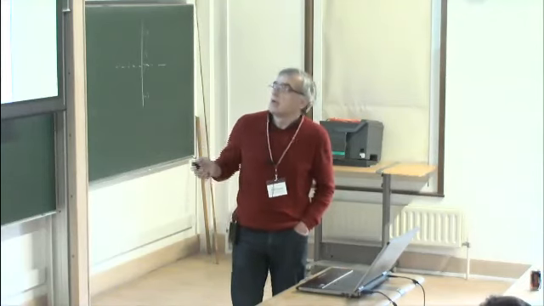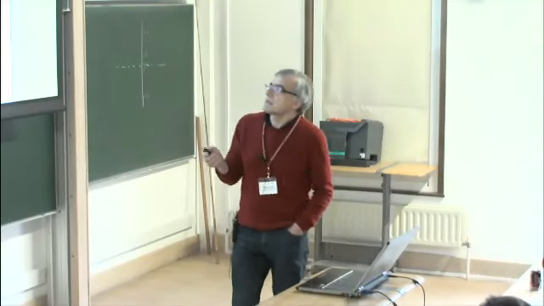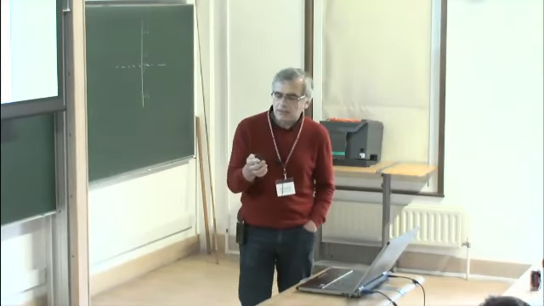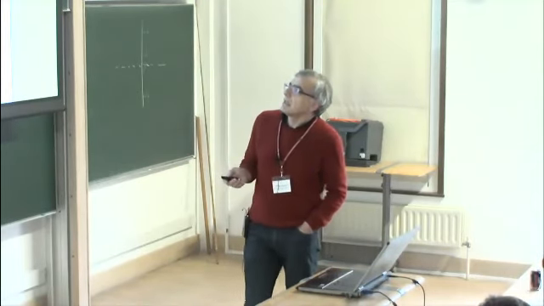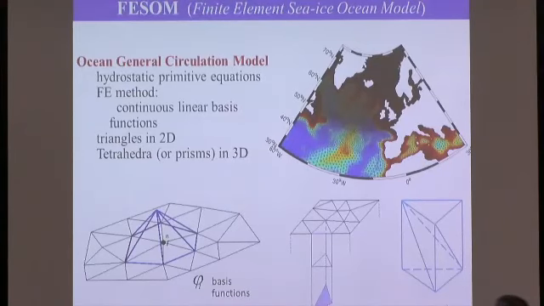FESOM is a full primitive equation hydrostatic model that is coded with finite element method, and as our discretization, we are using triangular mesh, which is just arbitrary triangular mesh. Then everything is split into prisms, and we have several versions of code, and the most frequently used one is based on the fact that every prism is also split into 3 tetrahedra.